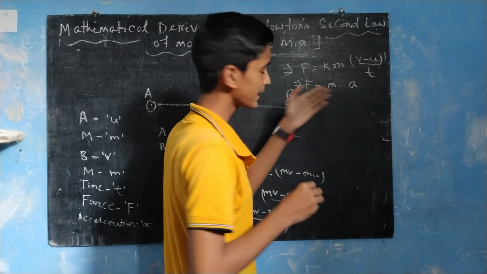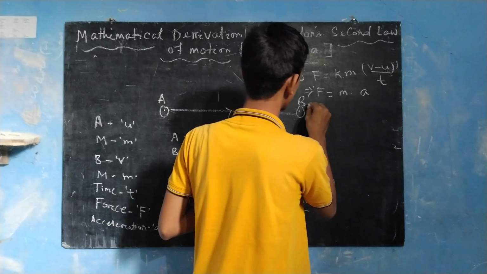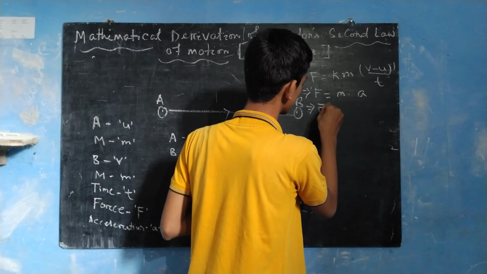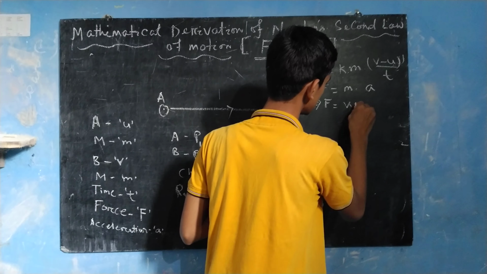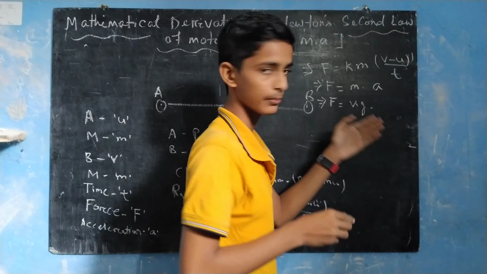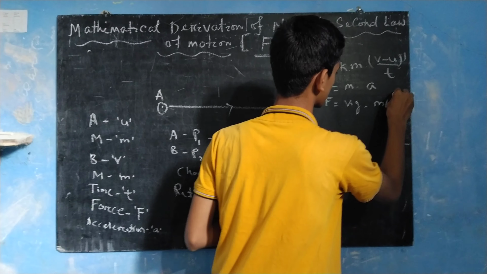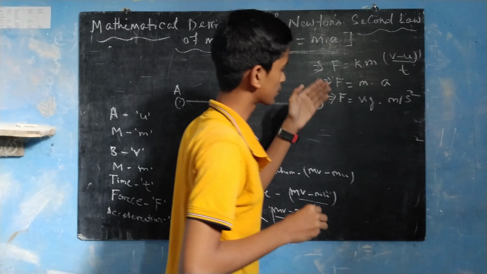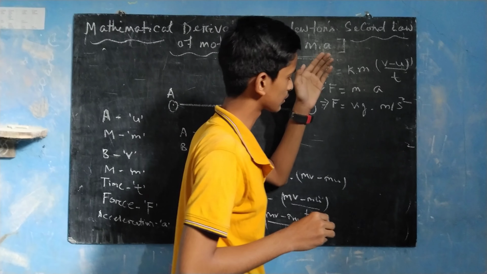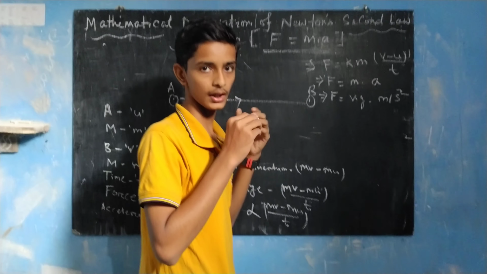So the SI unit of force: F is equal to the SI unit of mass, that is kg, into the SI unit of acceleration, that is meter per second square. So the SI unit of force, that is kg into meter per second square, is otherwise called 1 Newton.